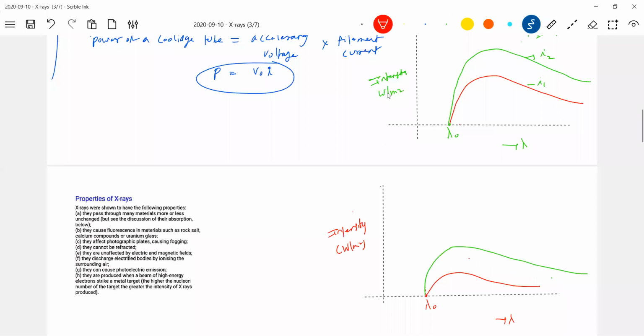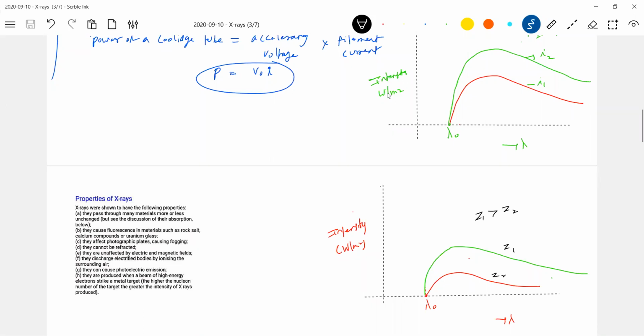This is atomic number Z1, or say Z2, Z1. Z1 will be greater than Z2. So why does the area under the curve increase? If atomic number increases, what do you mean by that? More electrons, more protons. Then the density will increase.